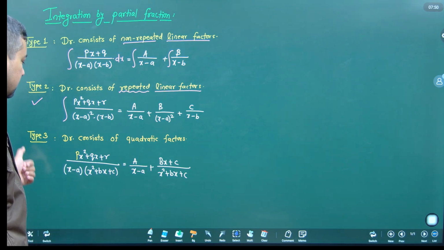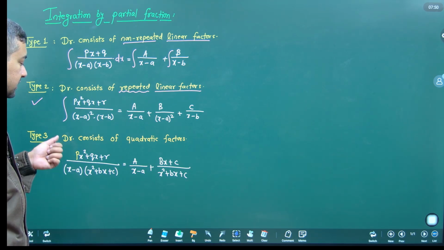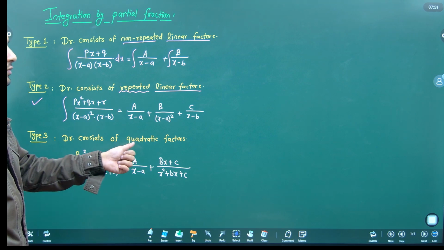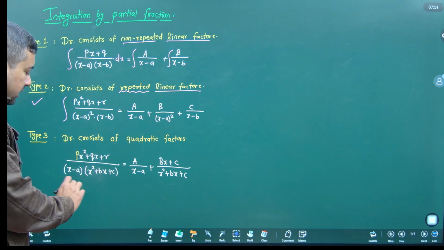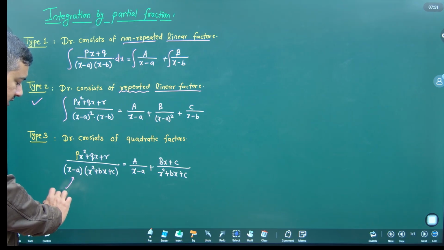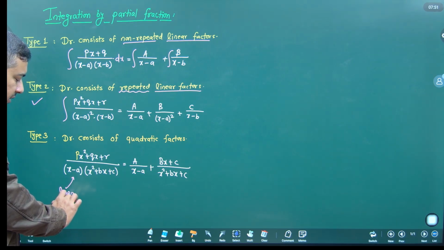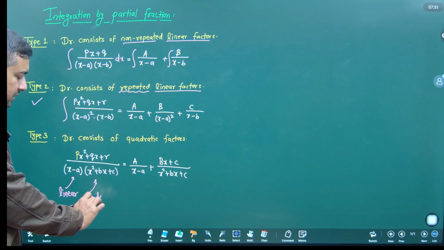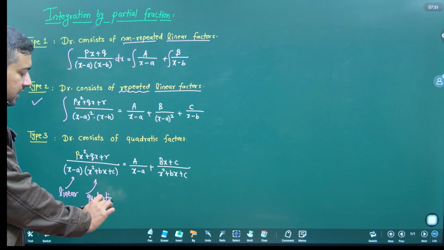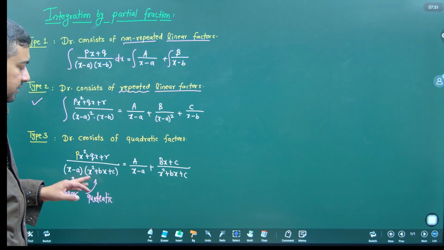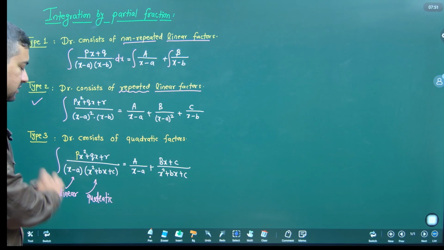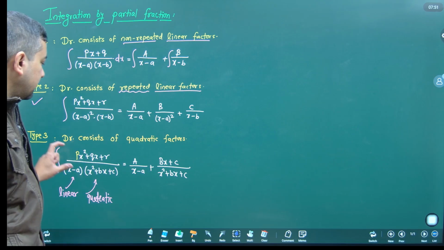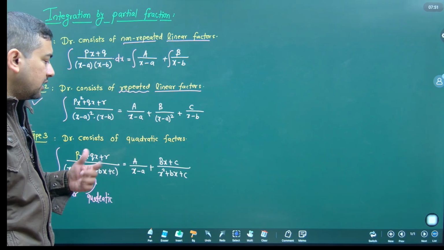Then the third case is there, where the denominator consists of a quadratic factor. Now what do you mean by quadratic? See, this is a linear factor, is it correct? But this second factor here is a quadratic factor, correct? So whenever you get a quadratic factor in the denominator and you are supposed to do the integral, you will convert this into partial fractions. How will you convert?